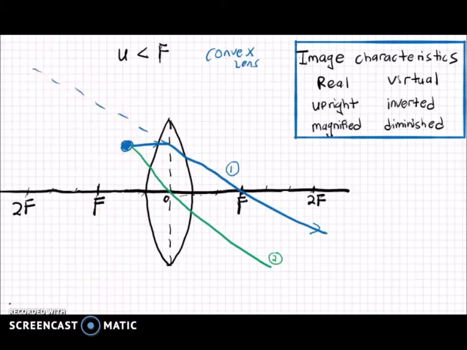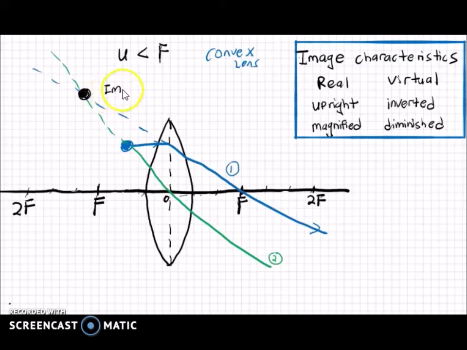And then we can draw this line for number 2. It is going straight. As you can see, there is an intersection at this point over here. So this is the image.